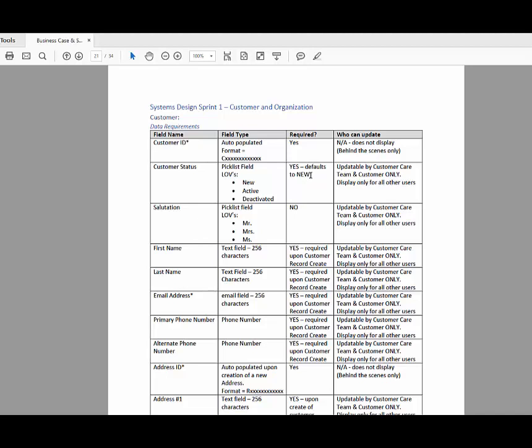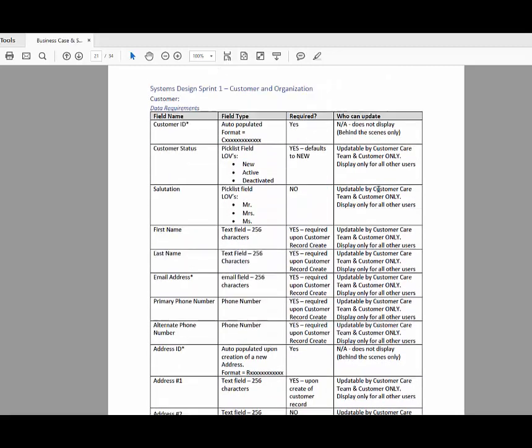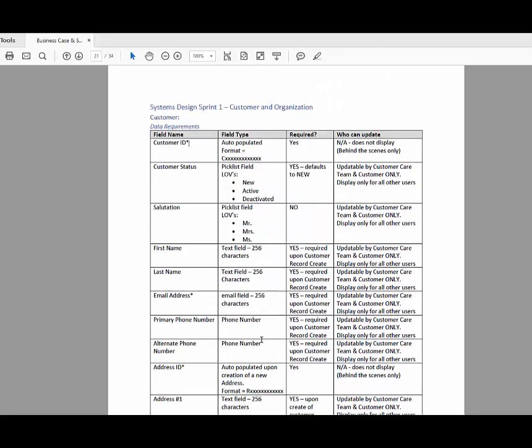It's all of those requirements that are needed for IT to be able to develop these data fields and put them on a user interface and know exactly what they should be doing. It also captures who can update those, so it is capturing those security and auditing requirements as well. Again, please utilize this as a reference for when you're developing your data requirements.